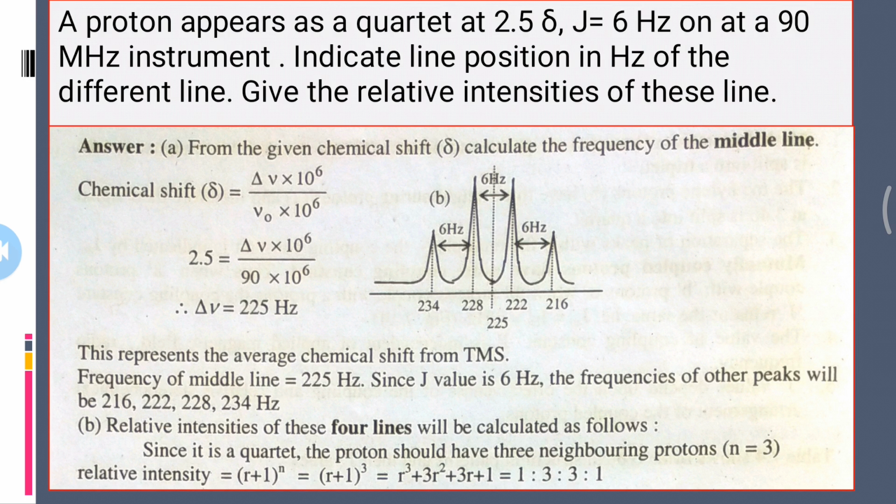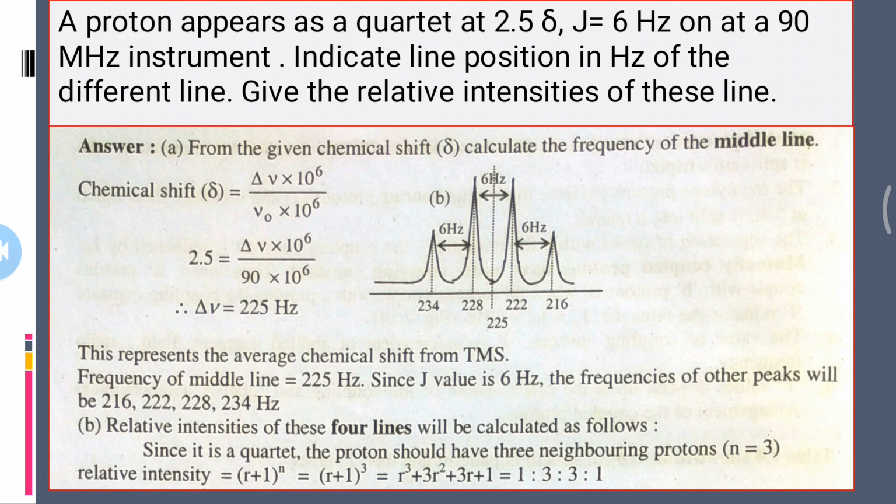If we divide 6 by 2, it is equal to 3. The left signal is observed at 225 minus 3, which is equal to 222.